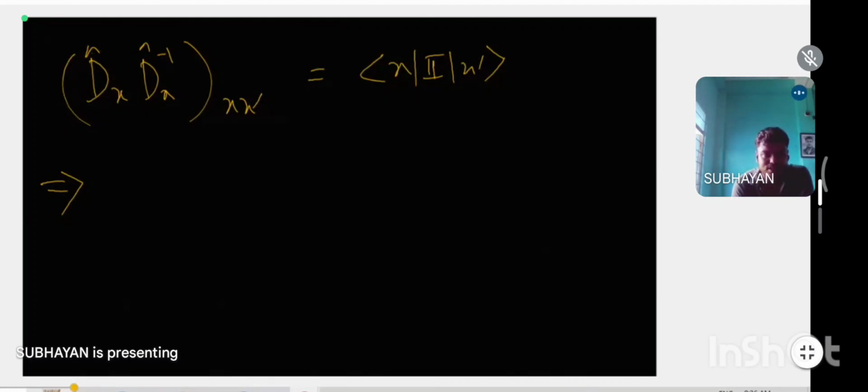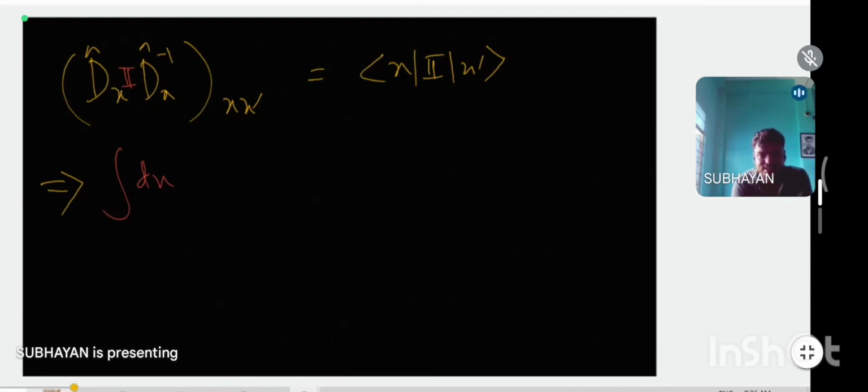Now you can insert some unity operator here. So you can write the integration dx. Only one integration should be there.